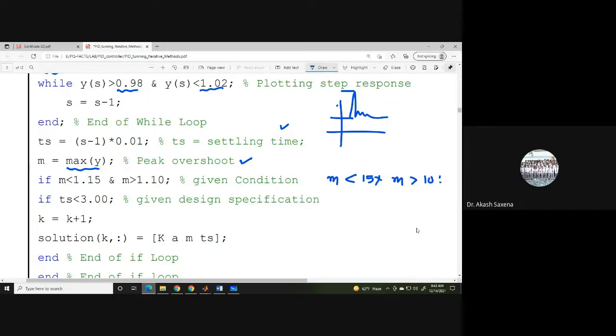So I write a condition with the AND operator. That means both of these conditions should be satisfied. And here the settling time TS should be less than 3.0. If that is the case, I will iterate it and I will obtain the solution. And I have collected all the solutions in this solution folder.